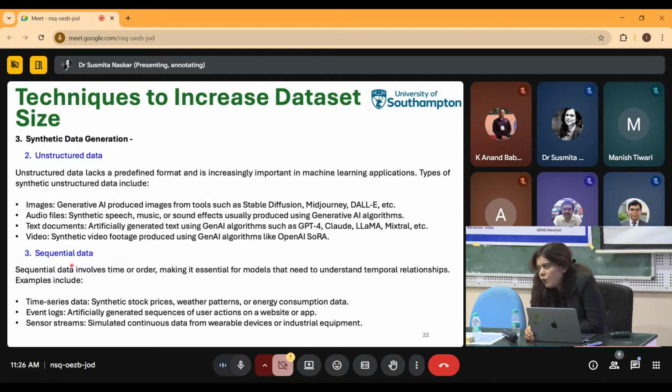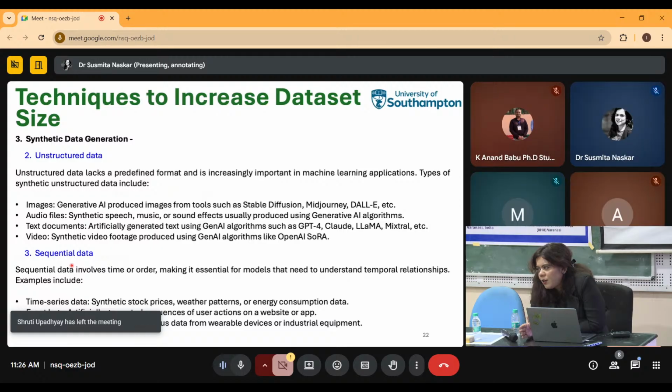And why do you not want to use the sequential one? The sequential one may give you a better assumption compared to the unstructured data.